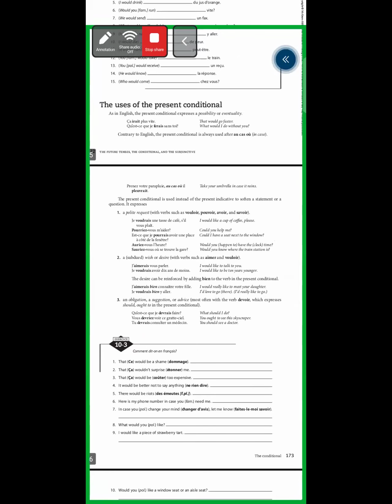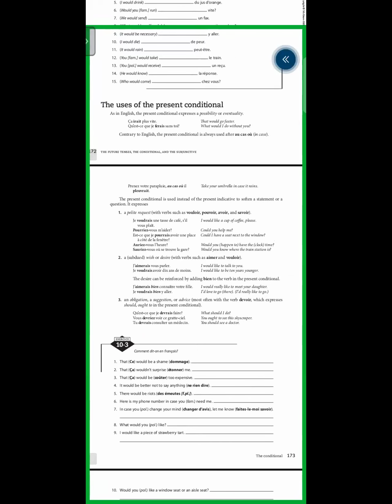Could you help me? Est-ce que je pourrais avoir une place à côté de la fenêtre? Could I have a seat next to the window? Auriez-vous l'heure? Would you happen to have the time? Sauriez-vous où se trouve la gare? Would you know where the train station is?